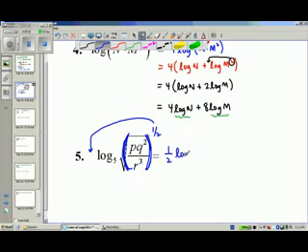So I'm going to have 1/2 log PQ squared over R cubed. Now when I look at my big picture here, this is a quotient. So I'll use the second rule. So I'm going to make that 1/2, going to need parentheses here, log PQ squared minus log R cubed.